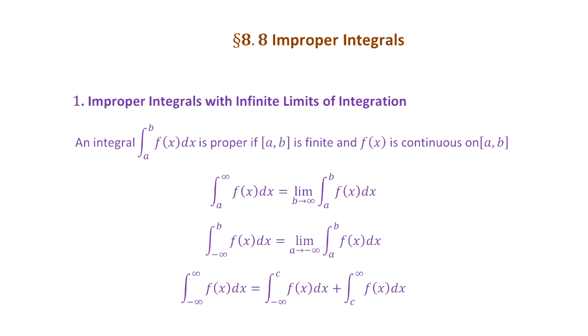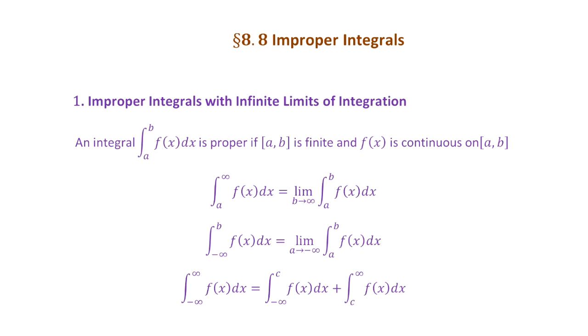Then you let a approach negative infinity and take the limit. You just move a to the far left, and it becomes a limit problem after the integration. So that's another situation.